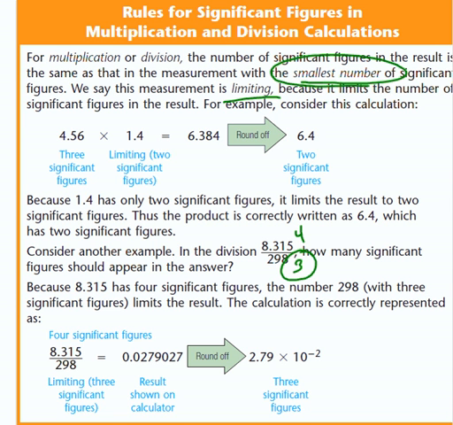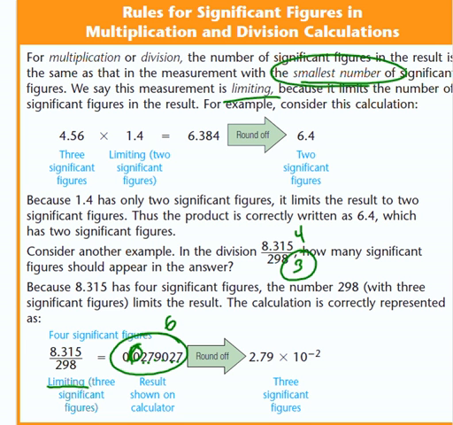Okay, so 4 sig figs here, 3 sig figs there. The answer comes out to be with how many sig figs? Do we know how many sig figs are right here? Okay, if you counted 6, you're correct, because 1, 2, 3, 4, 5, 6. This is a placeholder. That is not a sig fig. So there are 6 sig figs here, but because 3 is going to limit, my answer is going to be 279.